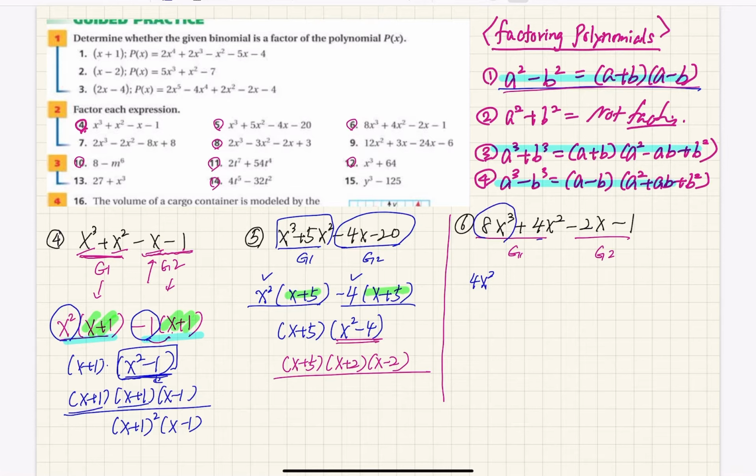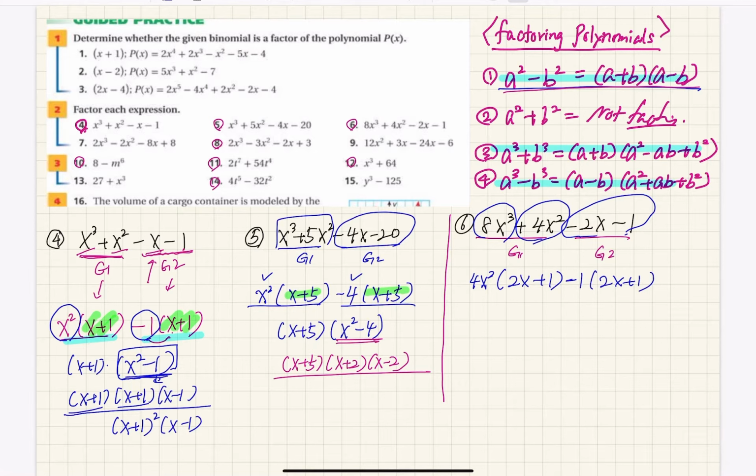Because these two terms have 4x squared in common. Remaining terms, 2x plus 1. In the second group, you take out negative 1. So if you take out negative 1 from these two, the remaining terms are 2x plus 1.